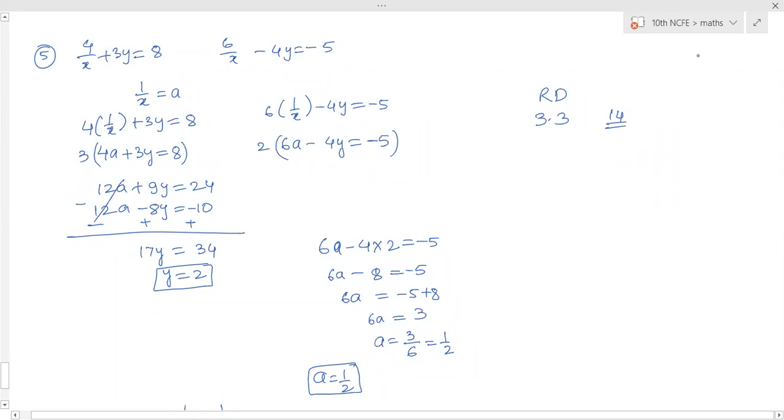After 4, till the 14th one you have to finish. So after completing this you can leave. Ma'am, could you repeat the homework? Here I have written 3.3, question number 4 till 14. So 10 questions are there.